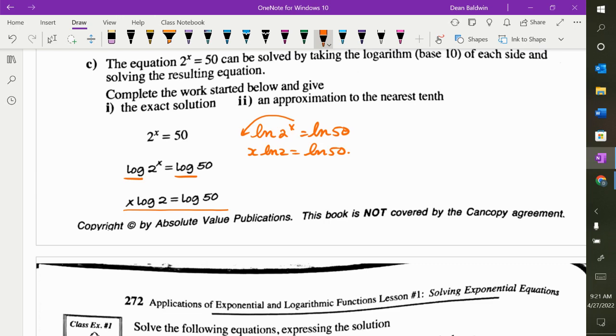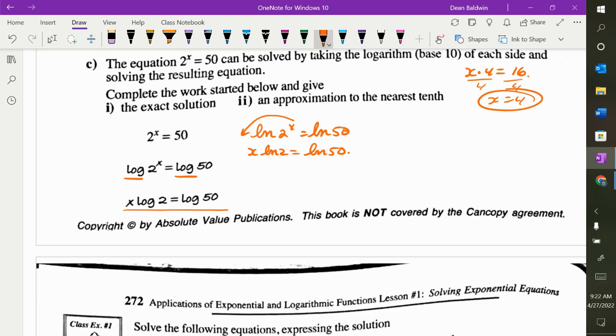If I gave you the equation x times 4 is equal to 16, what would you do to solve for x in this one? You divide by 4, right? You would go divide by 4, x is equal to 4.